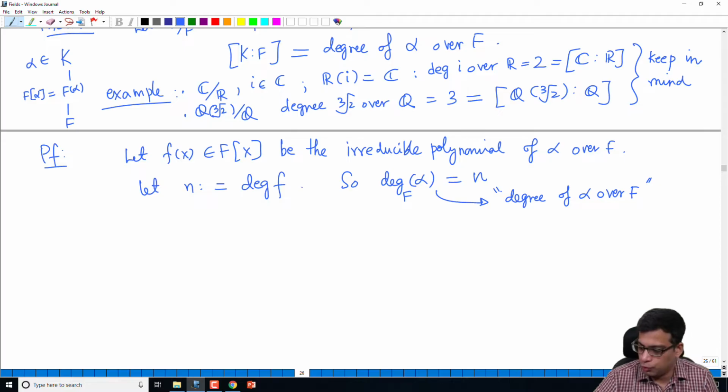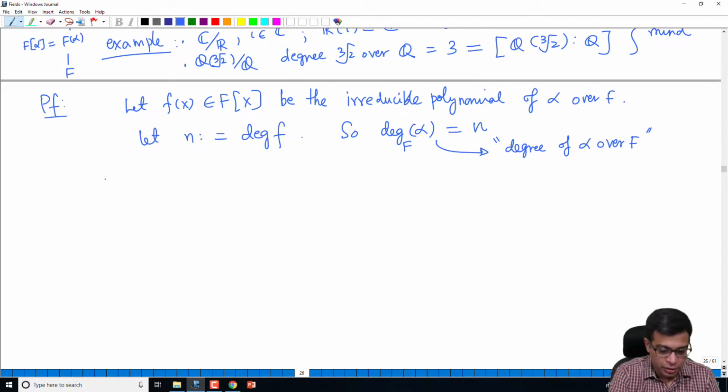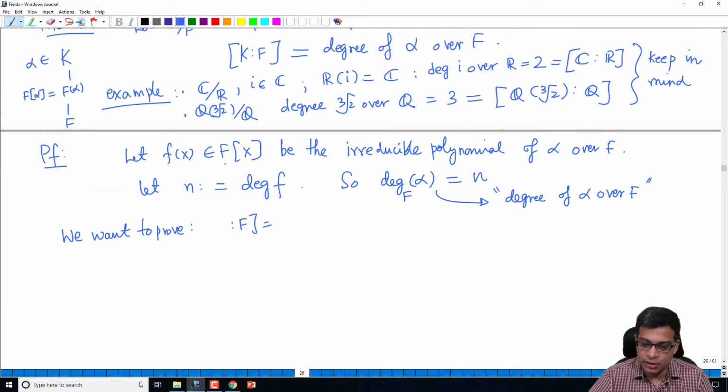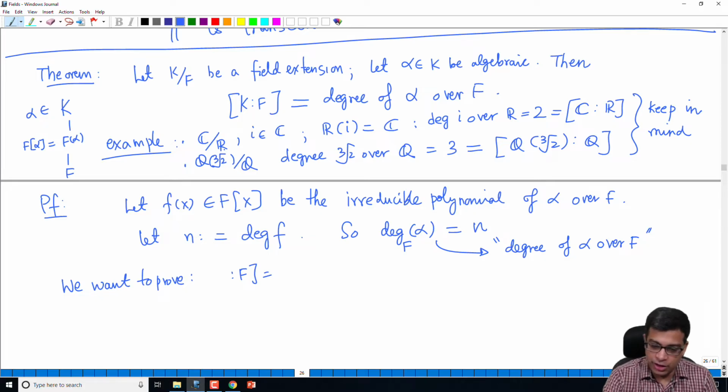So what do we want to prove? We want to prove that the degree of the field extension is also n. Actually, I go back here and make a correction. This is completely wrong what I wrote. I should only say that the degree of the extension F(alpha) over F is degree of alpha. K can be much bigger.